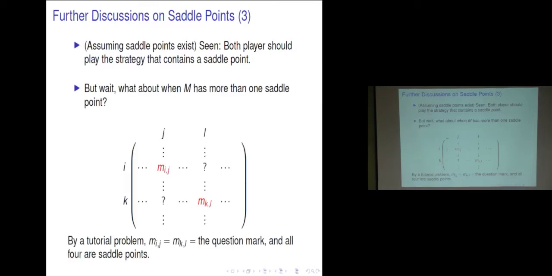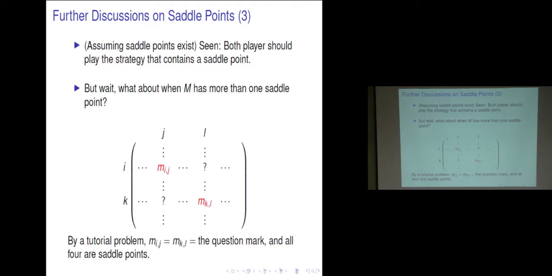But wait, sometimes the matrix can have more than one saddle point, right? For example, this matrix: Mij is a saddle point, and Mkl is also a saddle point. Now the players can choose. Player 1 can choose a row containing a saddle point. For example, player 1 chooses row i.